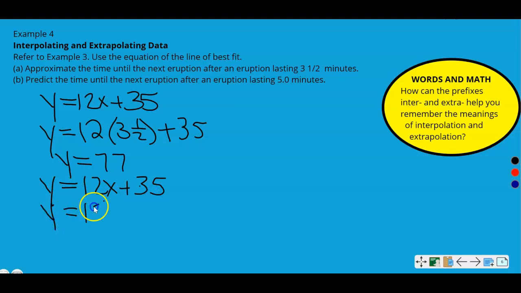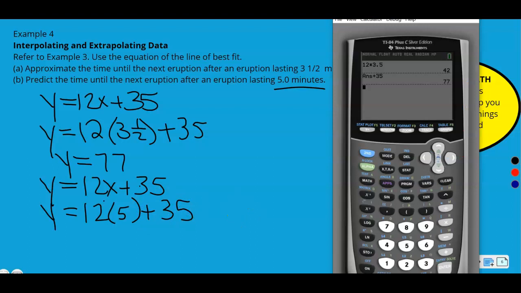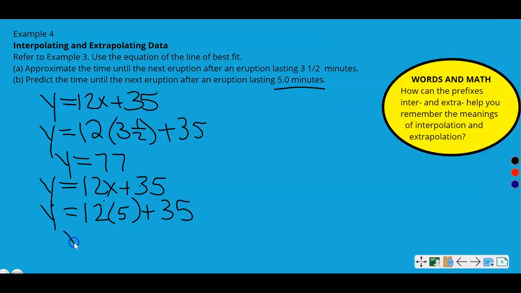This time it says lasting 5 minutes, so we have 12 times 5 plus 35. And that means it's going to be about 95 minutes. So if an eruption lasts 5 minutes, it will be approximately 95 minutes to the next eruption.